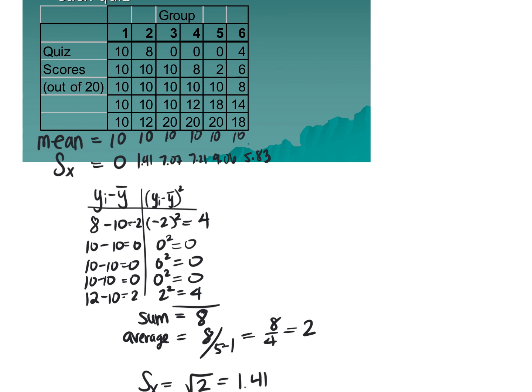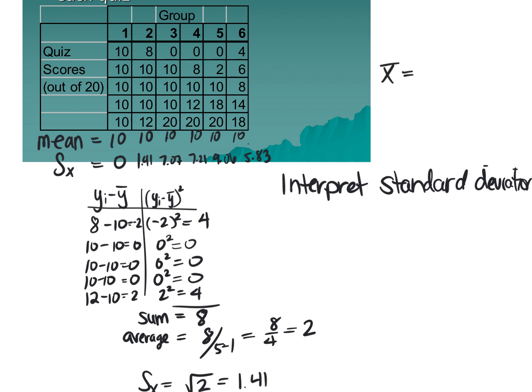So, to interpret standard deviation, let's talk about our singers in the choir, because I have that standard deviation up. The singers in the choir had an average height of 67.12.